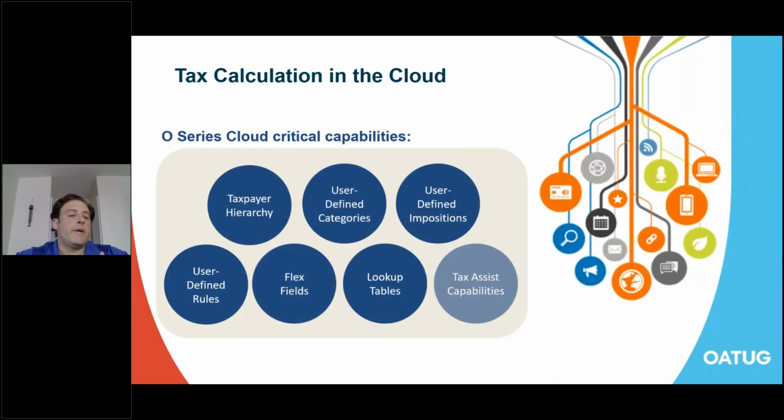So one of the biggest ways that customers solve a lot of these problems is they move their tax calculation to the cloud. So Vertex has an O-Series cloud product that has some of these critical capabilities. These are some key features that exist within O-Series cloud.